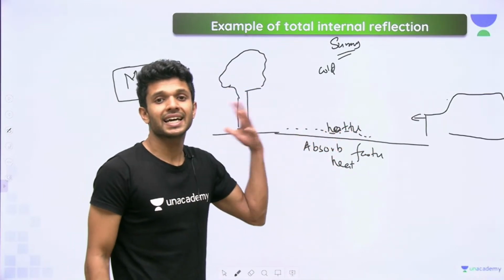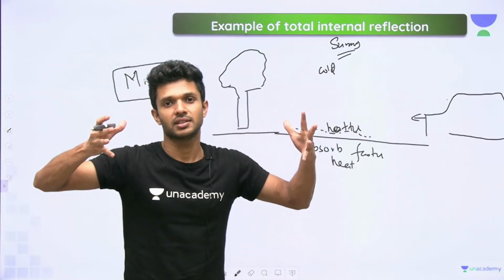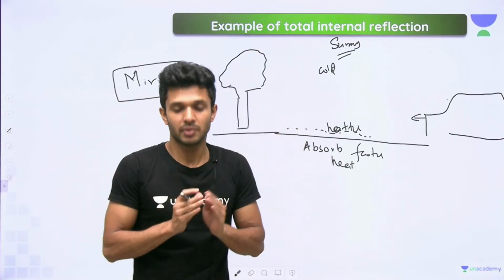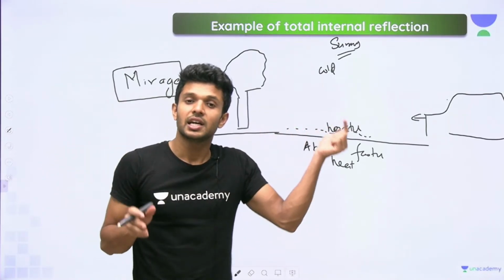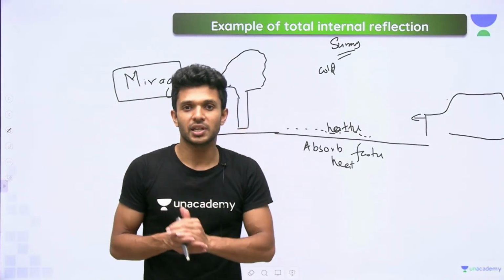When the molecules are at a higher temperature, they will have a huge separation. That means it will be converted into a rarer medium. If the particles are very much apart and the light can go faster, that will be a rarer medium.